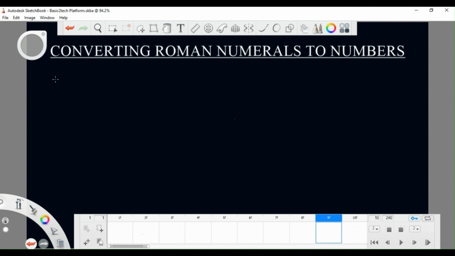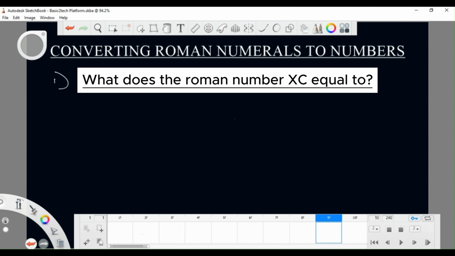The first question is this. It says, what does the Roman number XC equal to? Now, remember, X is 10 and C is 100.